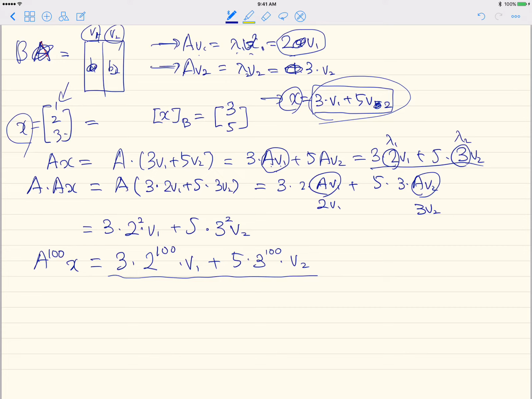And then A to the power of 100 times x can be simplified in the exact same way. It's still a linear combination of these eigenvectors, and eigenvectors give us the really good property of turning a matrix multiplication into a scalar multiplication.